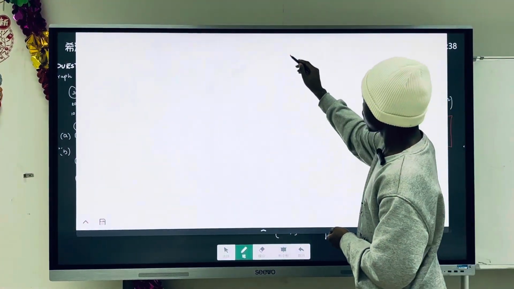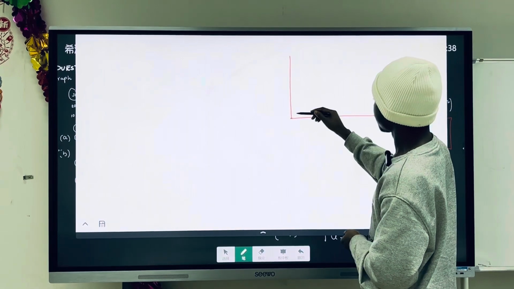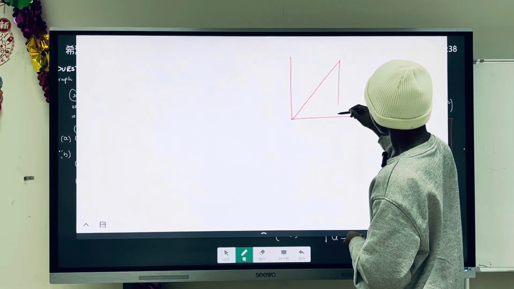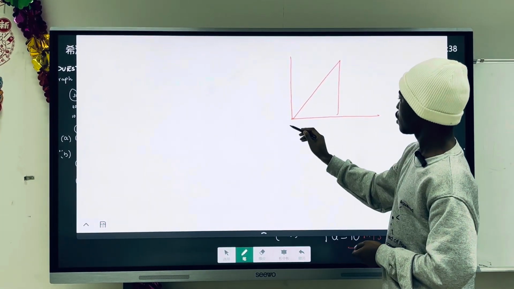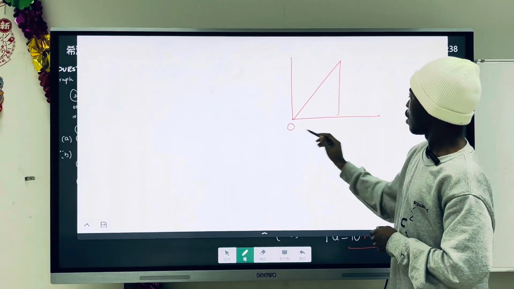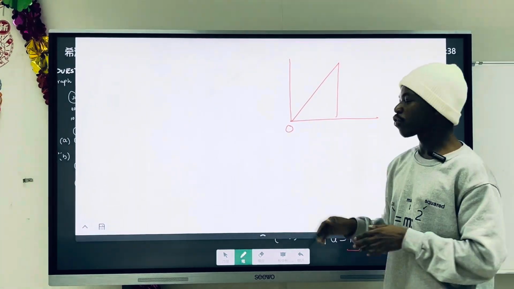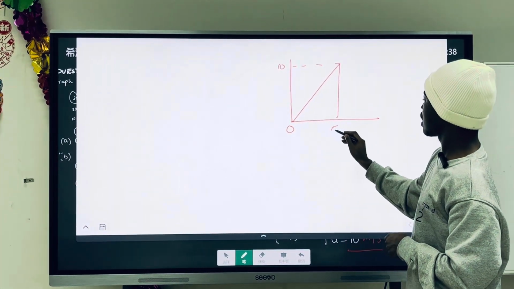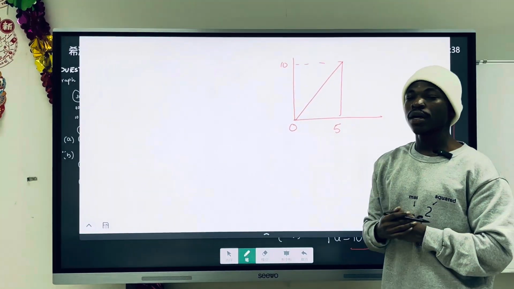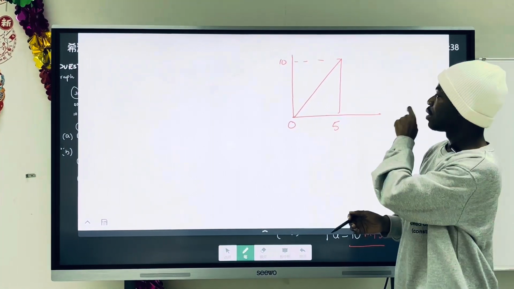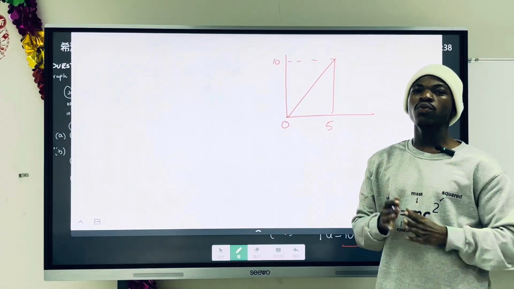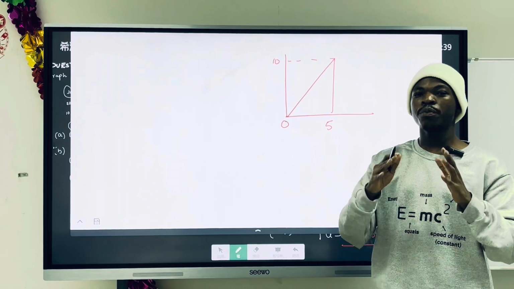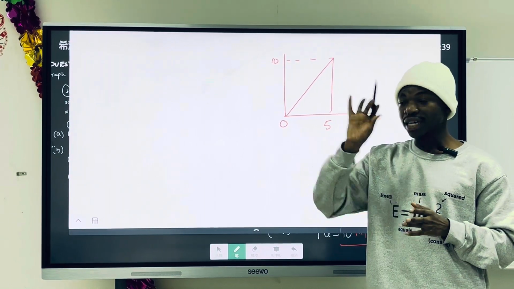So if I have a situation where a particular body moves from a velocity of 0, it goes all the way up to 10, and it does that in 5 seconds. And I'm asked to find the distance covered. I just need to look at the area of the shape which has been formed by that journey.